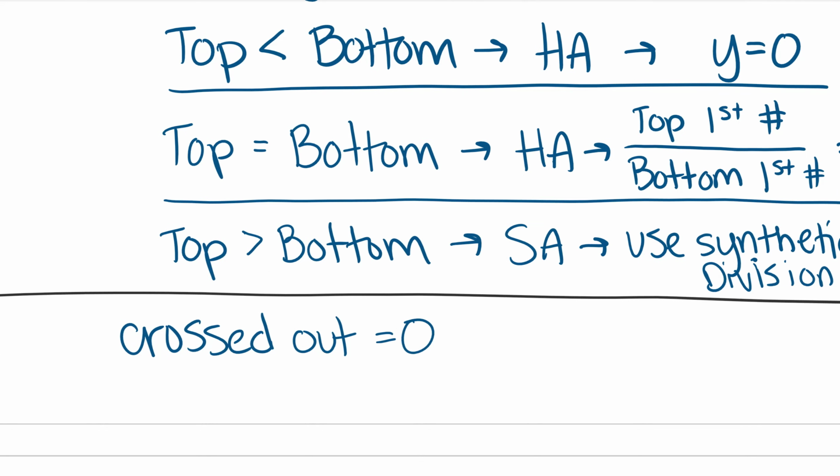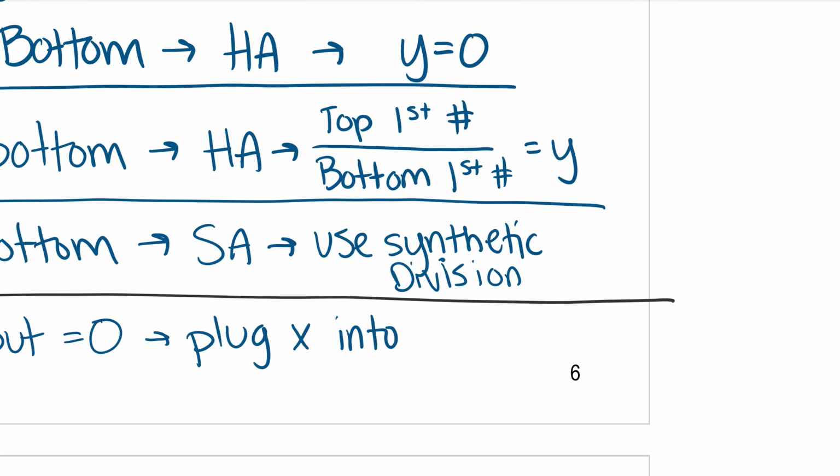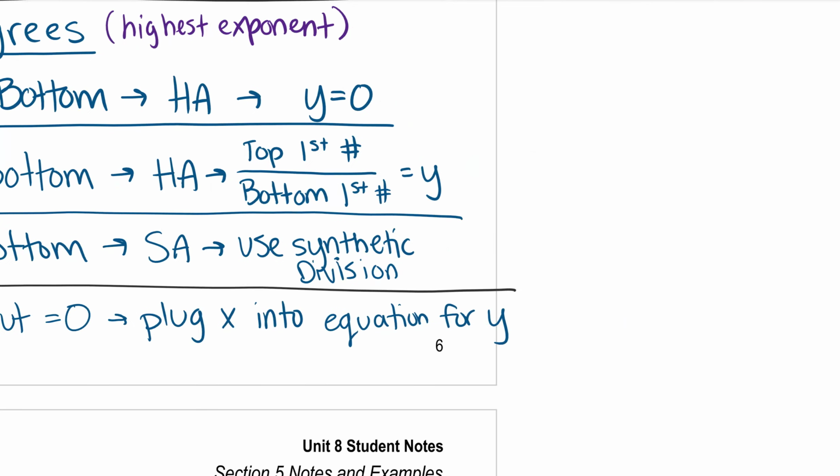Like if I have a parentheses, say it's 2x plus 1, and I have that on the top and the bottom, and so they cancel out, right? Then later I would take 2x plus 1 equals 0, and I would solve for x. Once I solve for x, I plug x into my equation for y, because a hole is actually a point, so my answer would be x comma y.